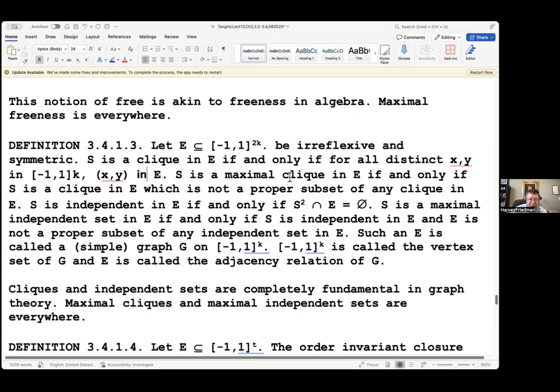S is a maximal clique if and only if it's a clique and not a proper subset of any clique.